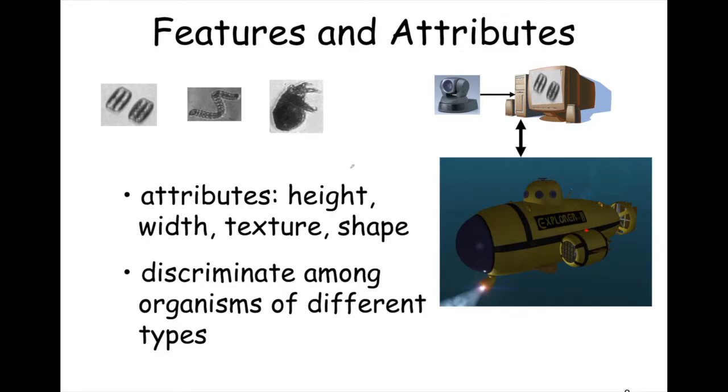We extract all sorts of visual attributes from these images, such as height, width, texture, shape, and so forth. The idea is then to build a system that will classify them, essentially to choose our features such that we can discriminate well between organisms of different species.